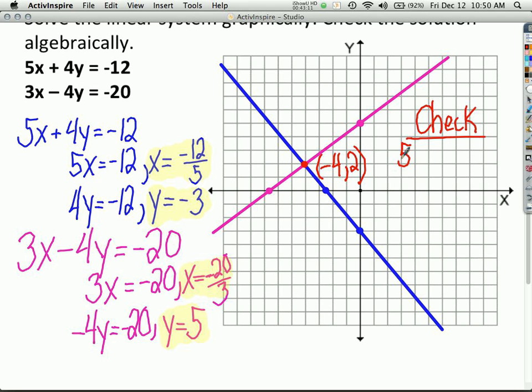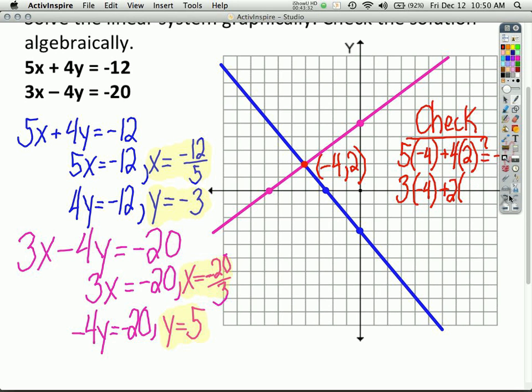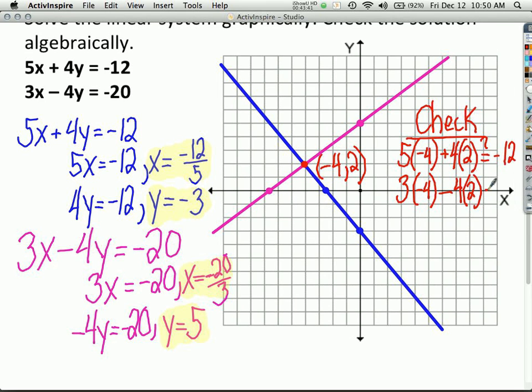So 5, I'm getting this from the first equation, 5 times -4 plus 4 times 2, does that equal -12? And then I'm going to check the second one, 3 times -4 plus 2 times, nope, that's not right. -4 times 2, does that equal -20?